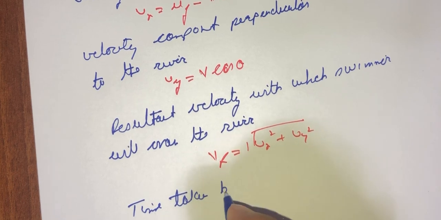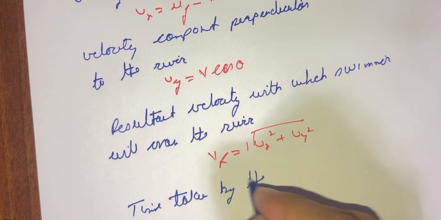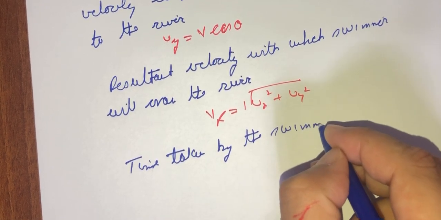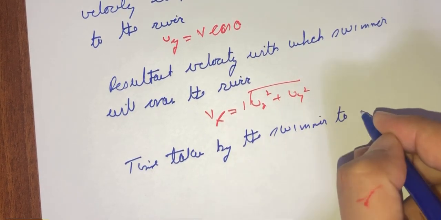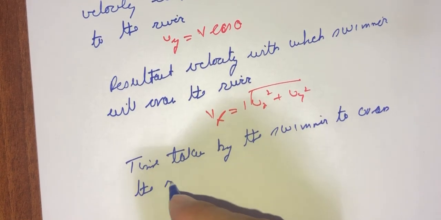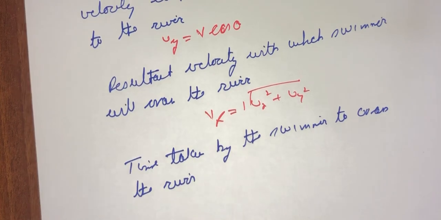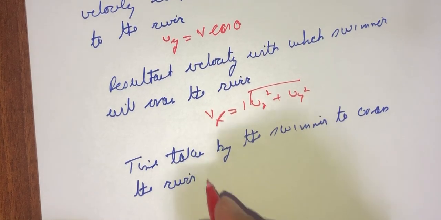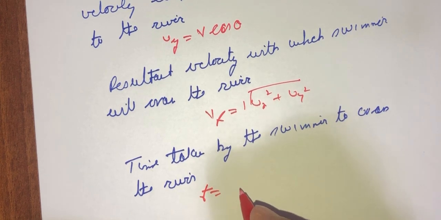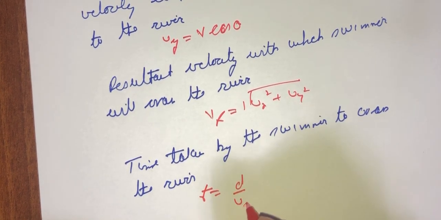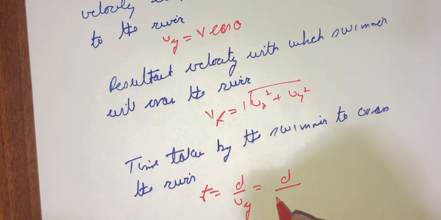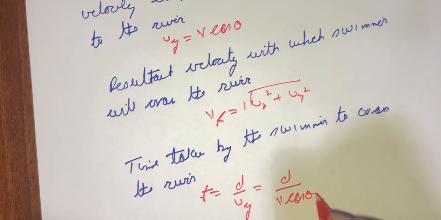If it is represented as T, we can say that T is D divided by Vy. So we can write D divided by Vy, which is V cos of theta.